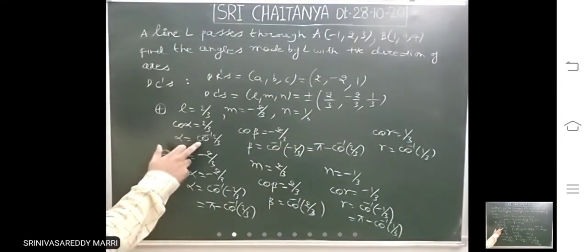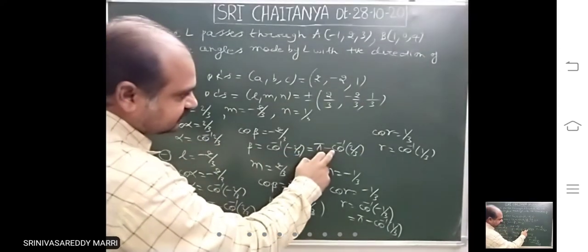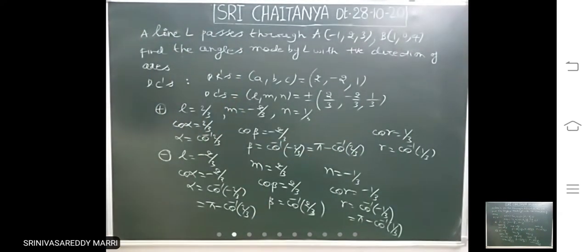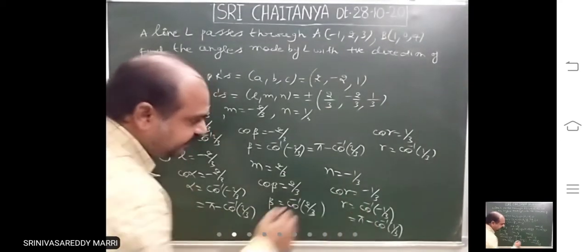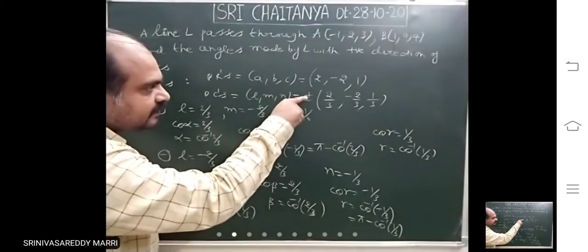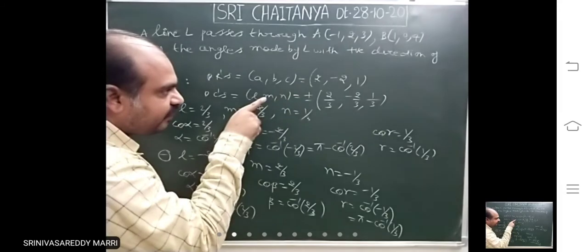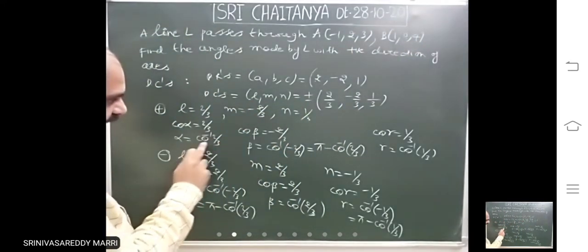So we can give these angles: cos inverse 2 by 3, pi minus cos inverse 2 by 3, cos inverse 1 by 3. Or the angles can be pi minus cos inverse 2 by 3, cos inverse 2 by 3, pi minus cos inverse 1 by 3. If you take plus, one direction of the line makes these angles.